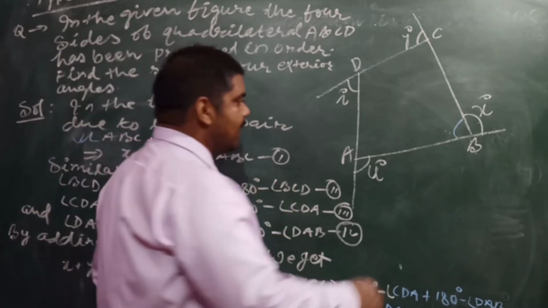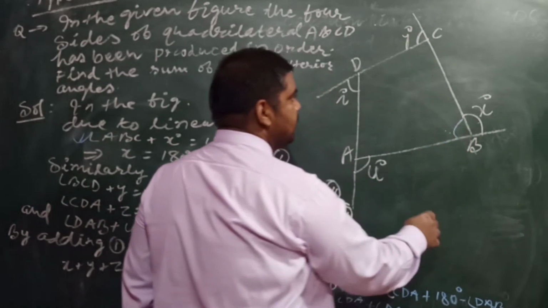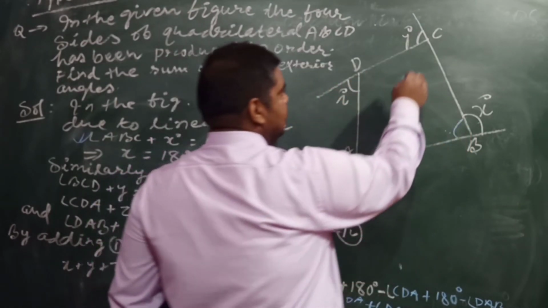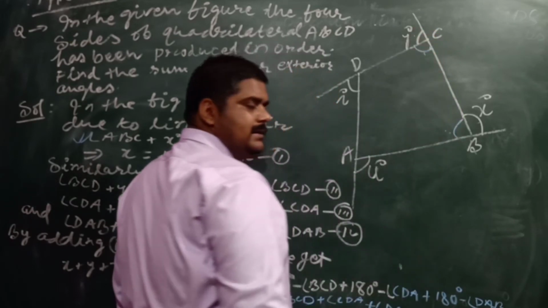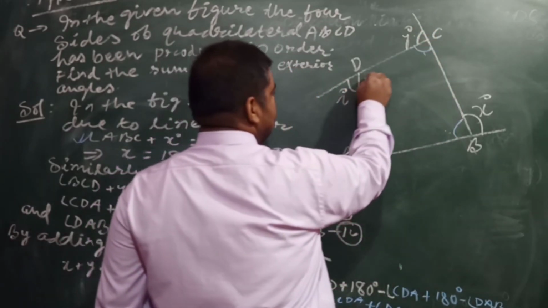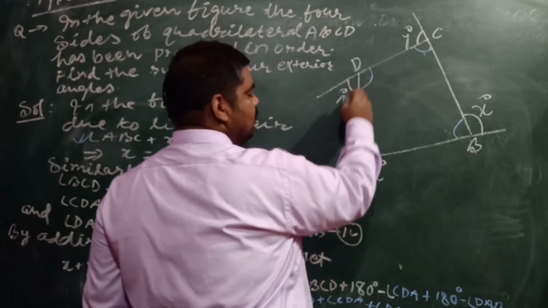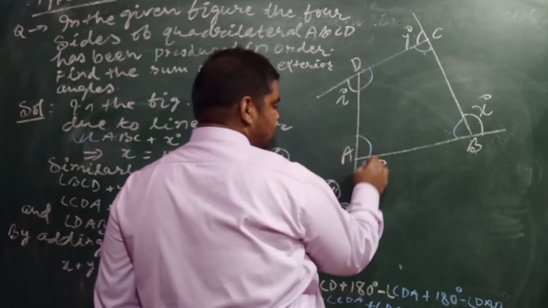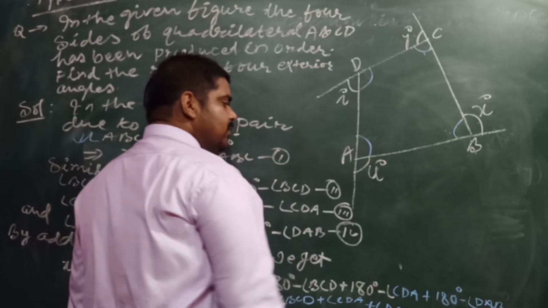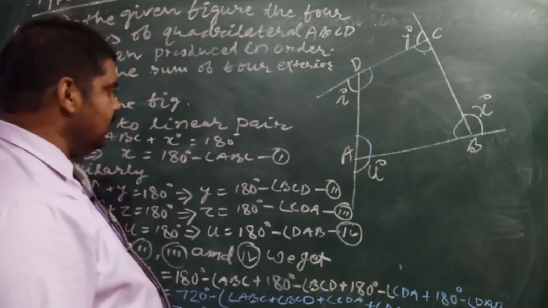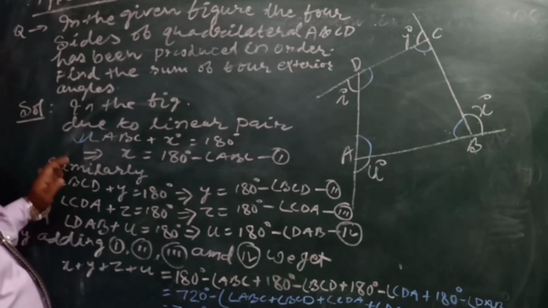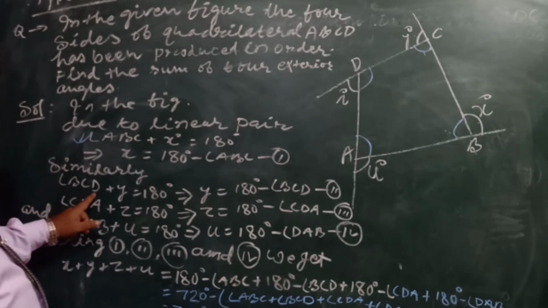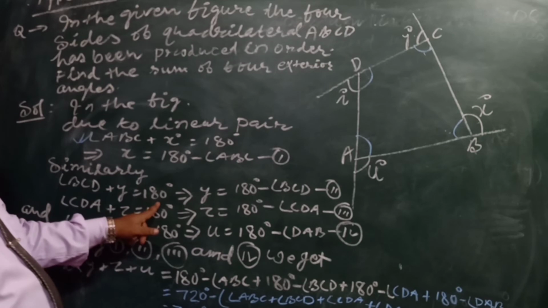After that you have to apply the same property in all such cases, because the sum of these two angles is also equal to 180 degrees due to linear pair. The sum of these two angles is also equal to 180 degrees, and the sum of these two angles is also equal to 180 degrees. When you apply it in all the cases, you can see that angle BCD plus y is equal to 180 degrees.